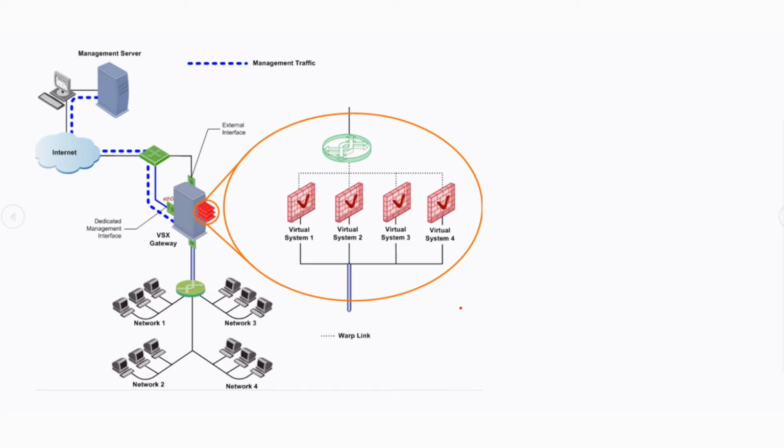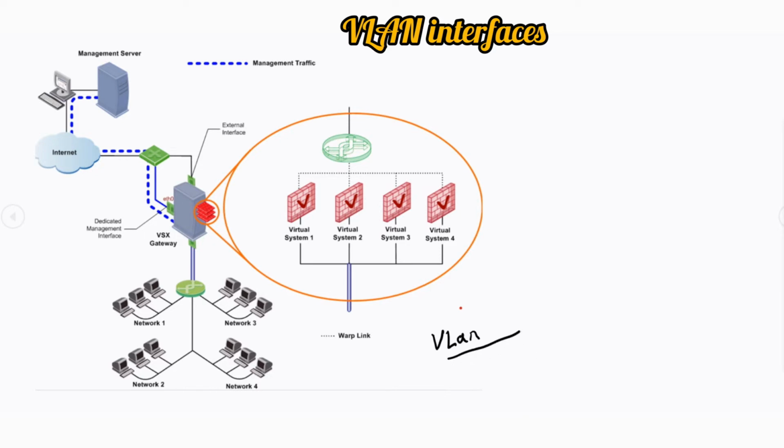There are other interfaces which are also important. Let's talk about them. Number one, VLAN interface. If you have a requirement to direct Ethernet frames to a specific virtual system, then you can use a VLAN interface. In a VLAN interface, this functionality we can achieve using a VLAN tag. For example, consider VLAN tag 100 on ETH3.